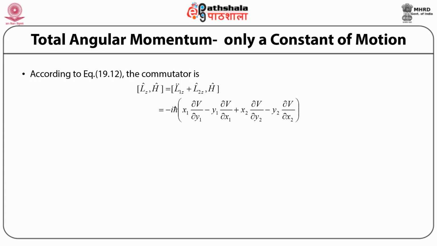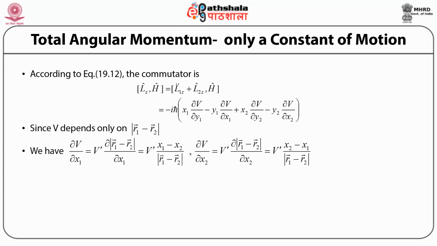within the brackets x1 into del v by del y1 minus y1 into del v by del x1 plus x2 into del v by del y2 minus y2 into del v by del x2. Since v depends only on modulus r1 minus r2, we have del v by del x1 equal to v prime into del of modulus r1 minus r2 by del x1.